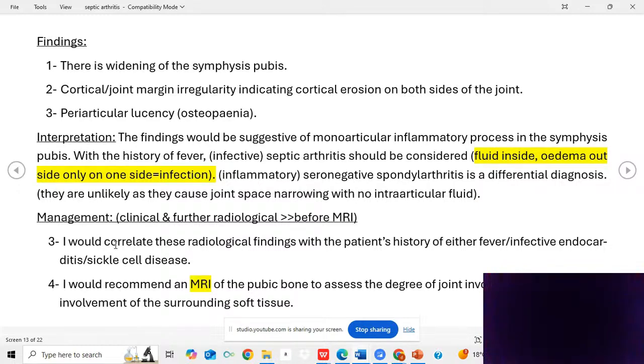So I would correlate these radiological findings with the patient's history of either fever, infective endocarditis, or sickle cell anemia. And I would also recommend an MRI of the pubic bone to assess the degree of joint involvement as well as the involvement of the surrounding tissue.